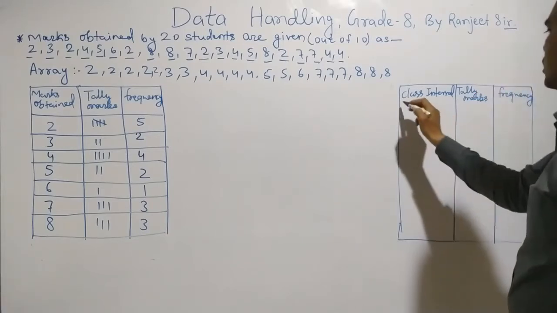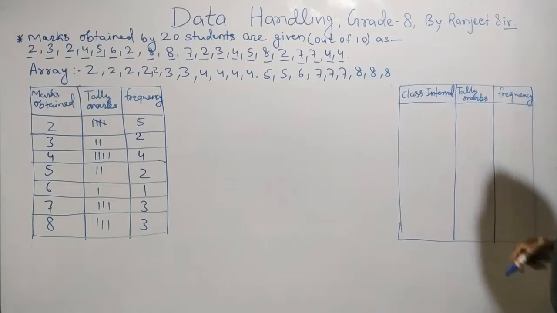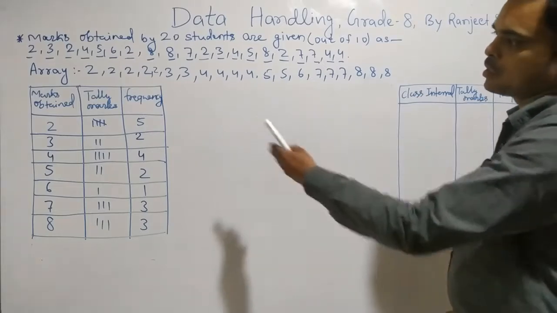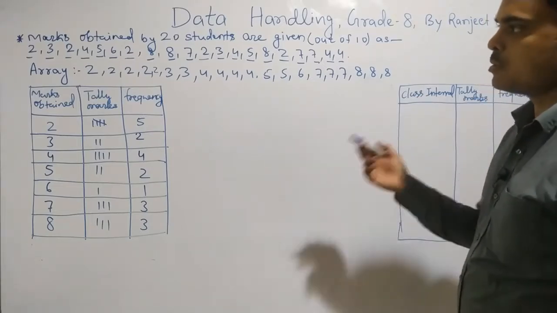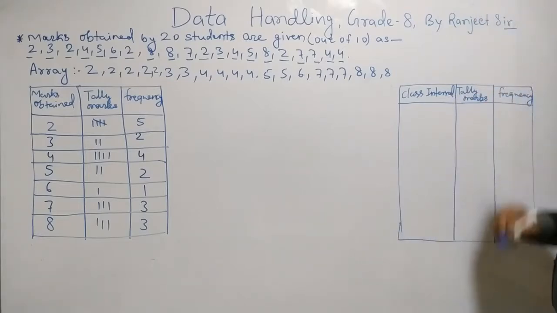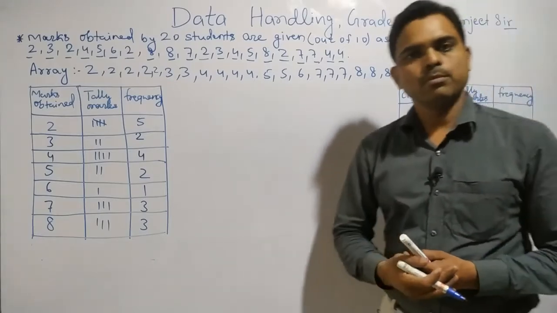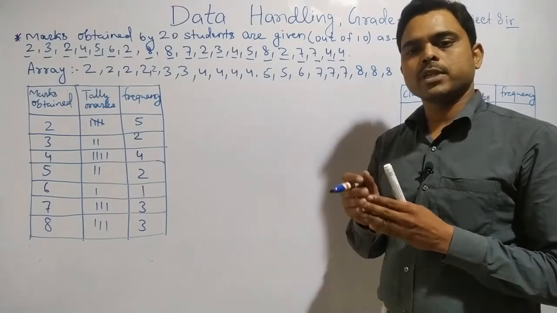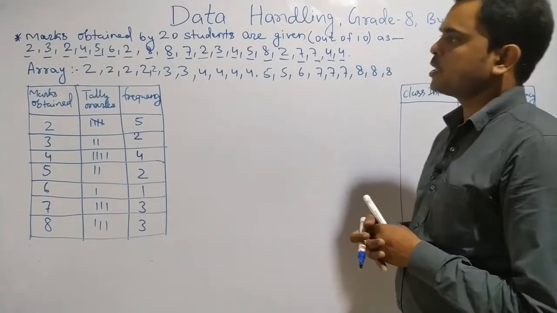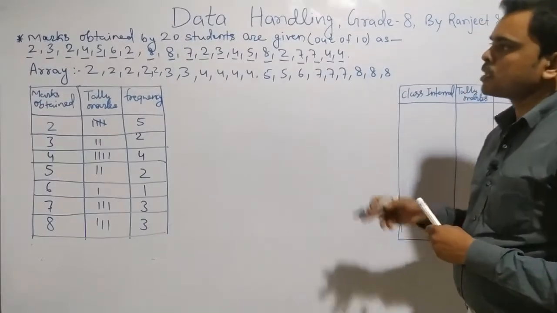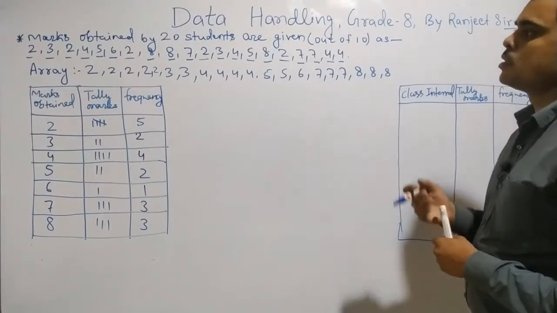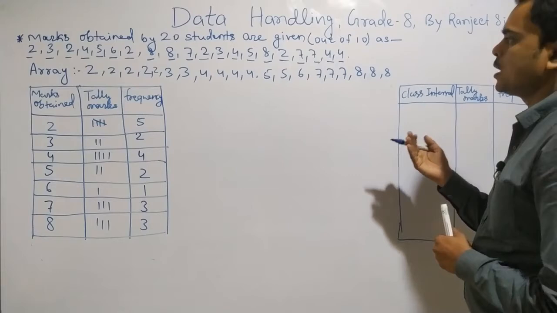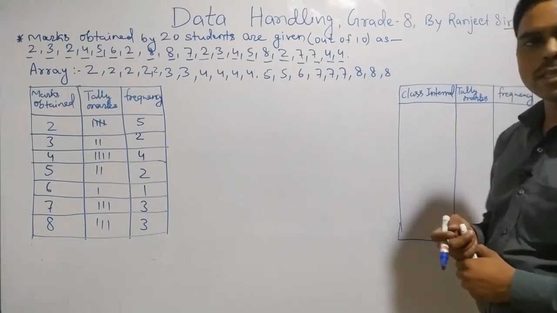So what is the difference between this distribution table and that distribution table? We will say it now. The class interval is up to you, what kind of size you consider. Here you can see the data is 2, 3, 4, 5, 6, 7, 8 like this only.